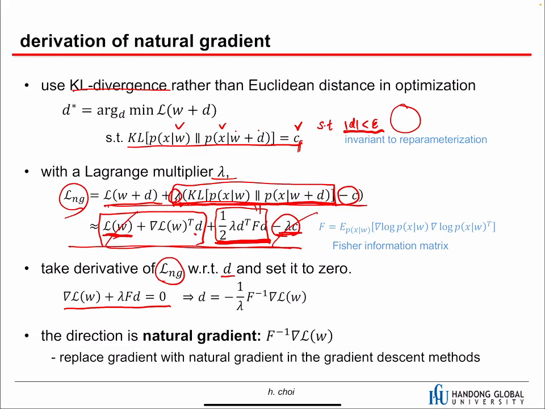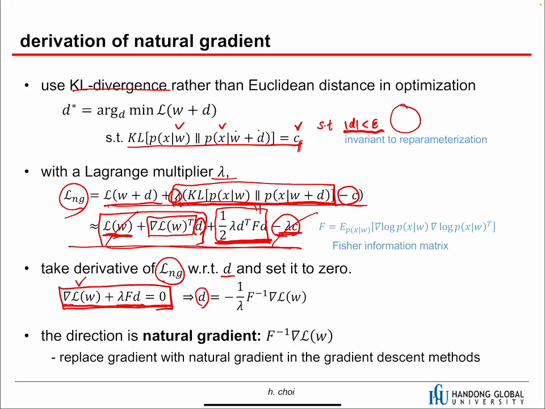And now we have a d here, so when we take a derivative, we will have this part. This one is square of d, so it will be lambda times Fd. So this one is what we have after the derivative, and then it should be 0. Okay, so we got this equation.